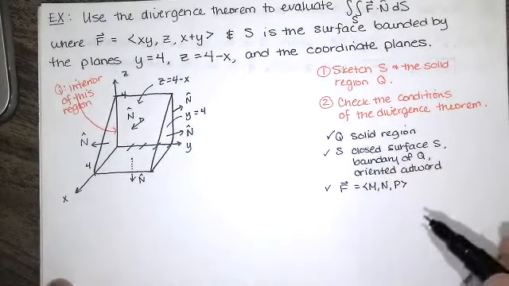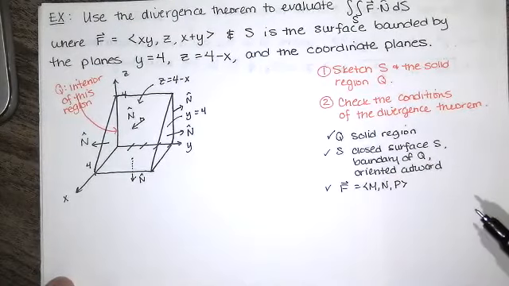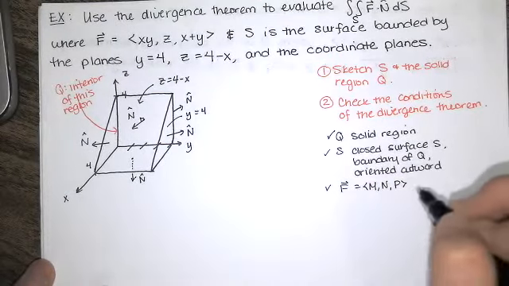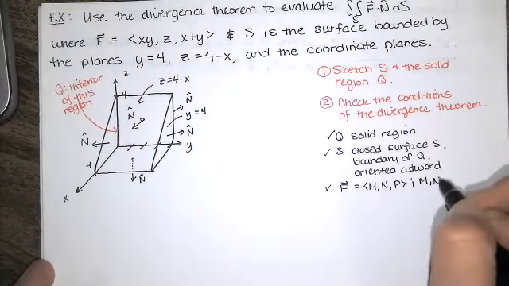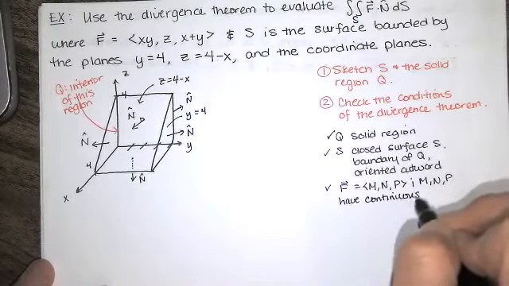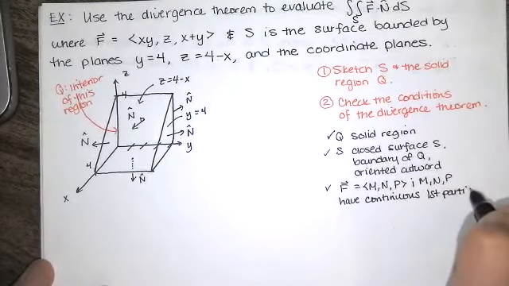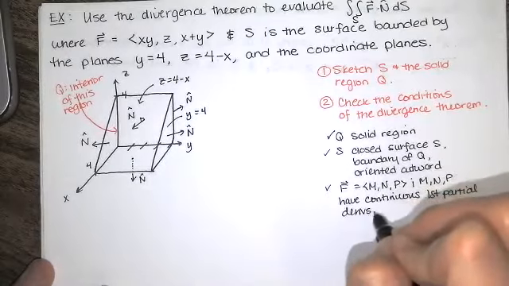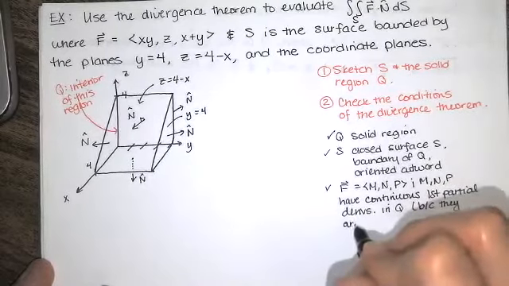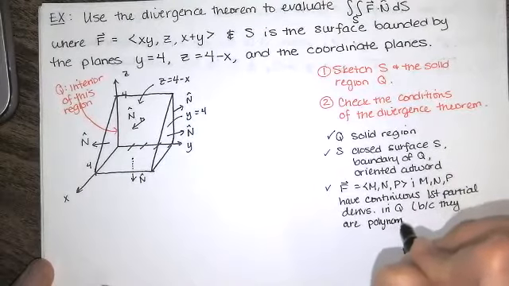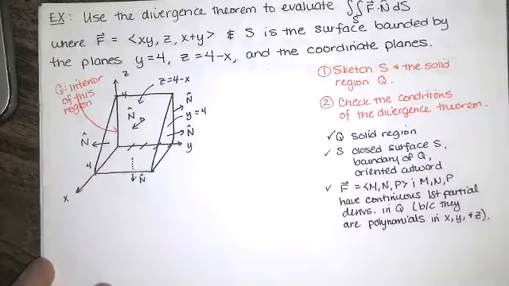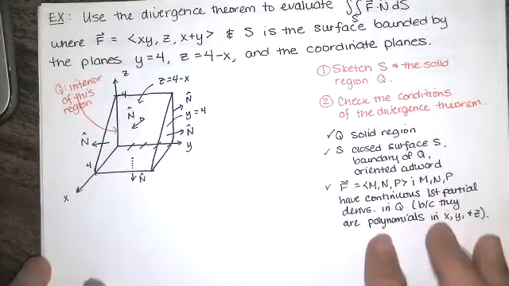F has these components and they have continuous first partial derivatives everywhere, so they certainly have continuous first partial derivatives in Q, because they are polynomials in x, y, and z. All right, so the divergence theorem may be applied here.